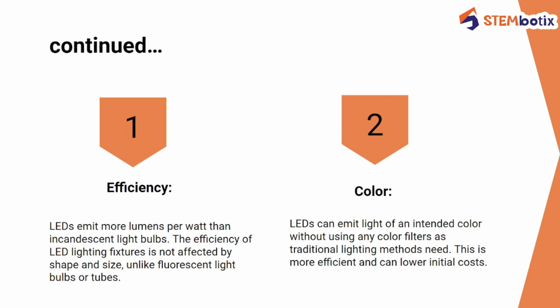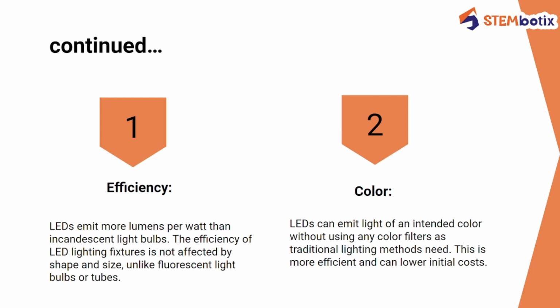The efficiency of LED lighting fixtures is not affected by shape and size. This is totally independent of shape and size. So the efficiency does not depend upon the shape and size of the LED, unlike fluorescent light bulbs or tubes.